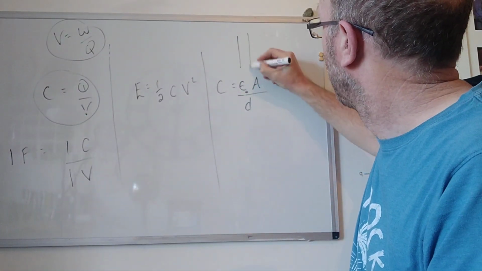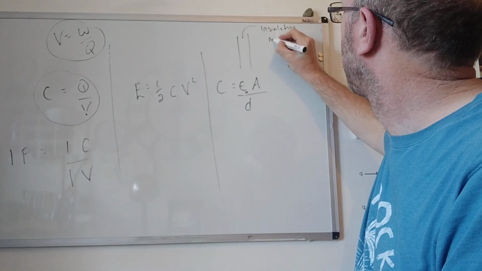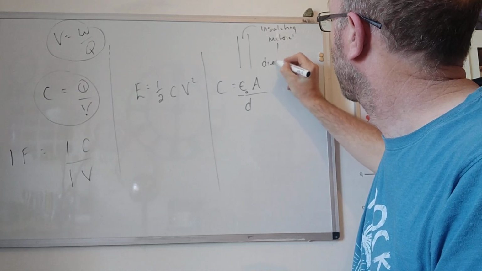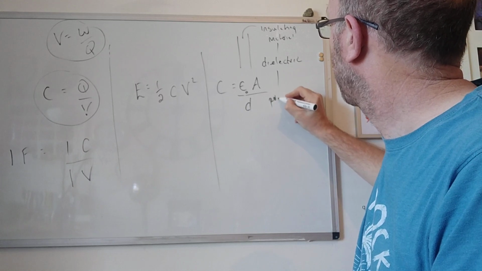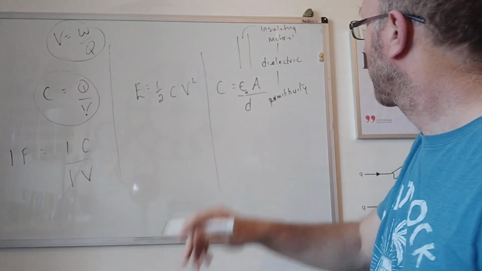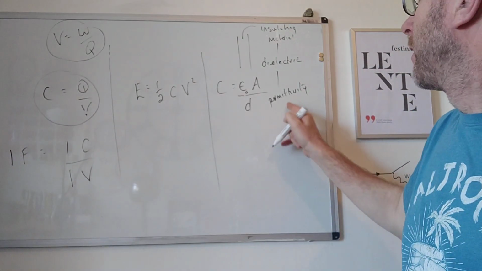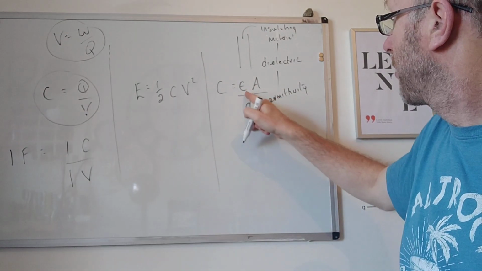You have 2 plates, you have an insulating material here, it could be air. Now that insulating material is called the dielectric, and the dielectric has a permittivity, 2 T's in the middle and 1 at the end, but not that it will be a spelling test. So this is the permittivity of free space, epsilon 0.